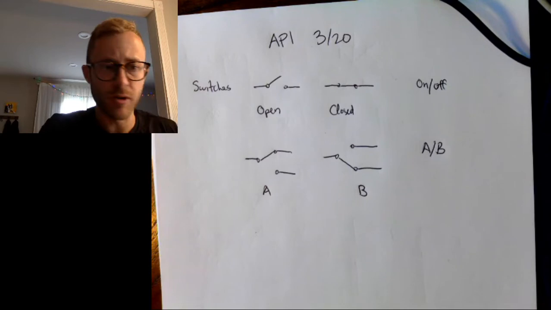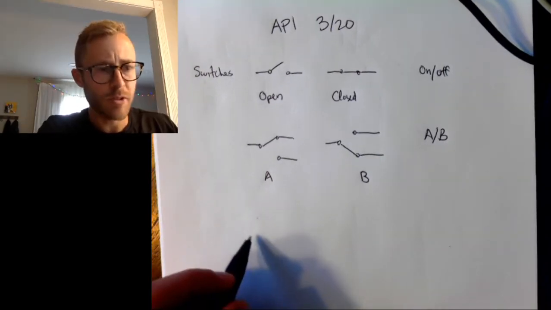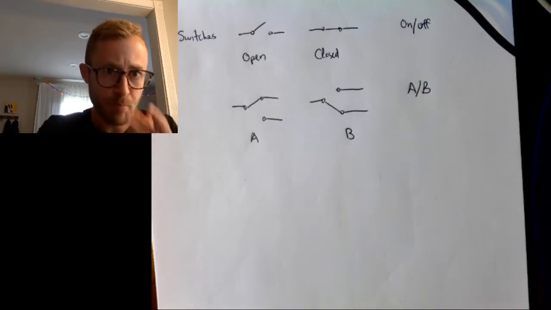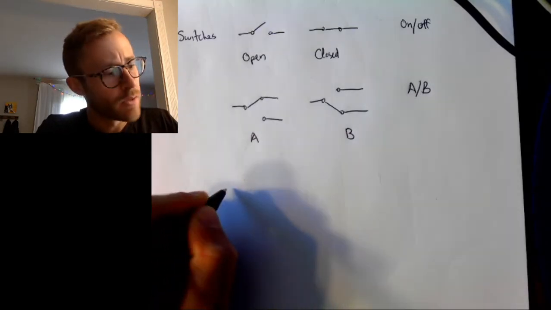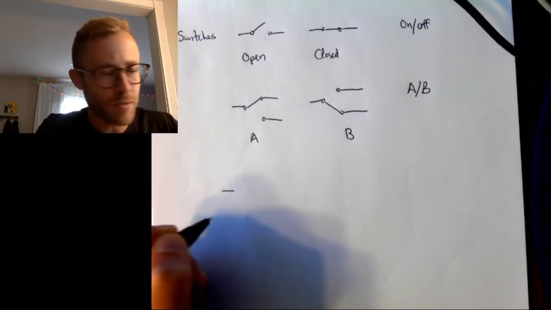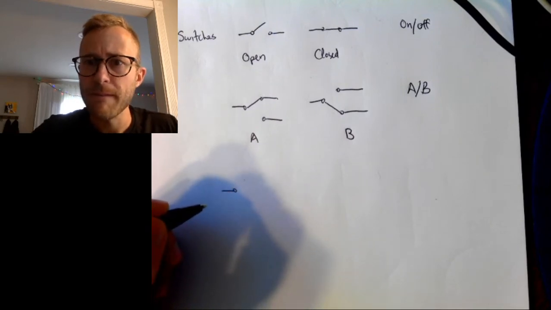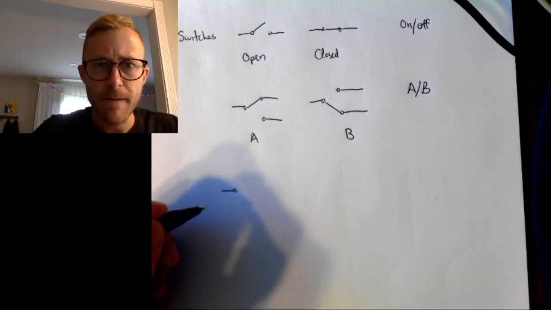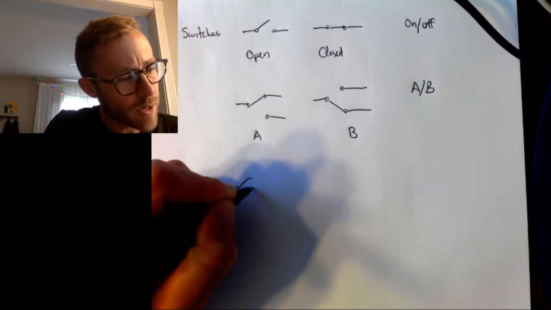Now a couple of things here. Let me draw just a couple of basic ways that switches can be connected. So if you had something like this, maybe a switch followed by a resistor.